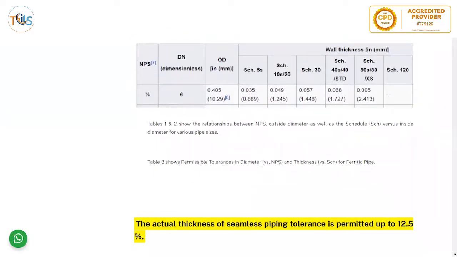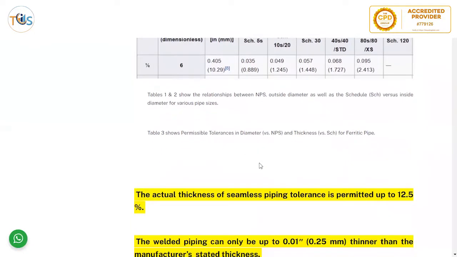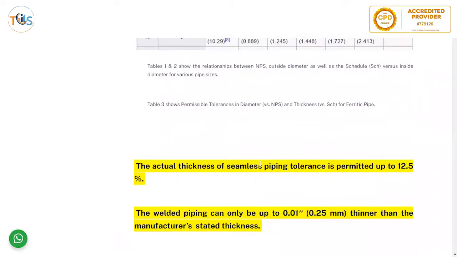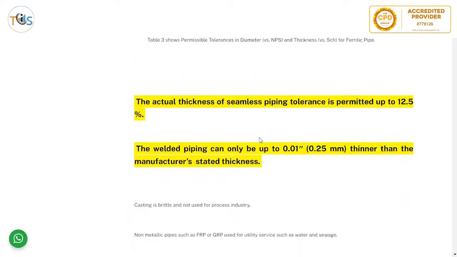Tables 1 and 2 show the relationship between NPS, outside diameter, as well as the schedule versus inside diameter for various pipe sizes. Table 3 shows permissible tolerance in diameter versus NPS and thickness or schedule for ferritic pipe.